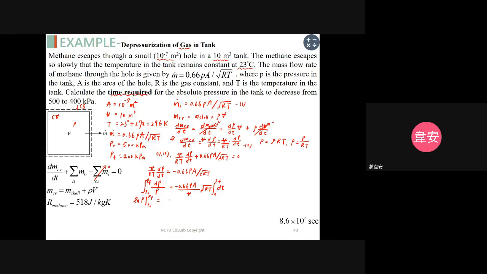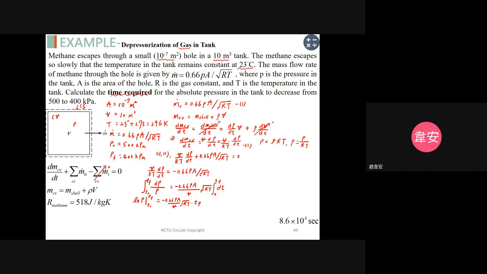The right-hand side is minus 0.66 times the pressure area divided by the total tank volume. We have the root of RT and multiply by the TF, and the TF is the answer for our question. It's the time required.